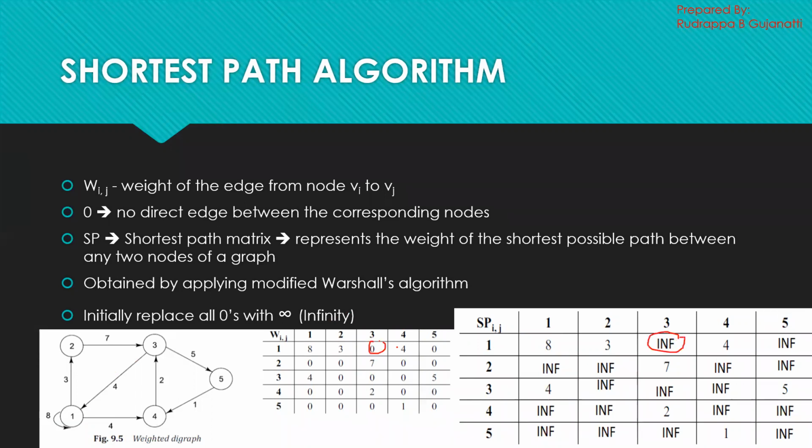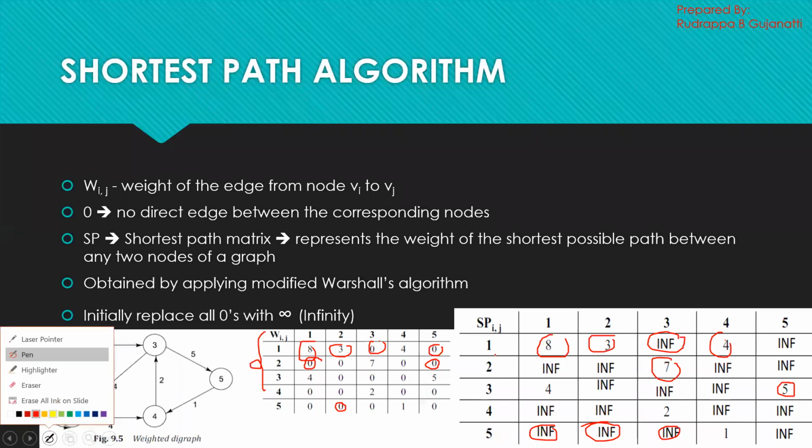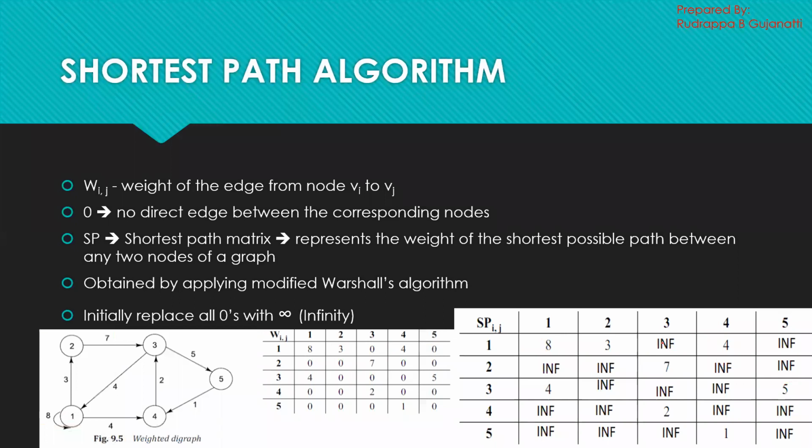All these 0 values which are there give an indication that there is no direct path between them. Therefore, that is being updated with infinity. And all the remaining ones you are updating with their respective cost value of reaching directly. So the only change is that all the zeros in the weight matrix are replaced with infinity, giving an indication that directly I cannot reach that node in the path matrix.